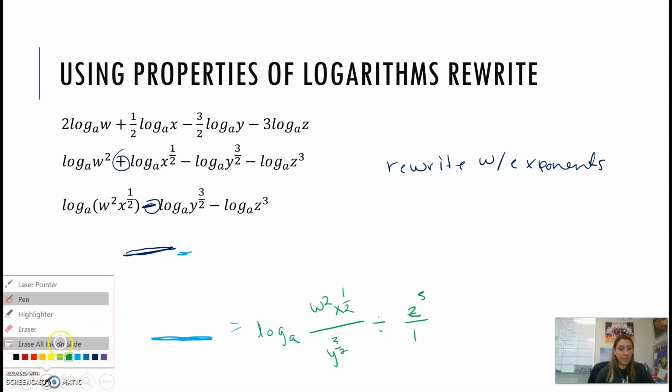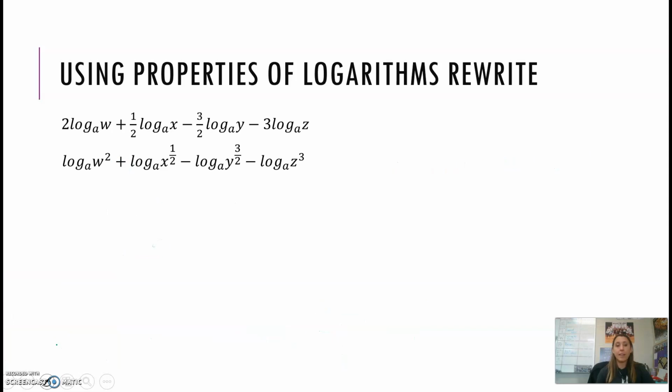Let me erase all the ink on the slide. Okay, so if we start here, you still want to rewrite with the exponents, however, let's change them all to addition. So if I do that, the negative has got to go with the exponent. If I turn this into addition, then this needs to go with the exponent. So then I can rewrite it, and we know every time we see a plus, we just multiply.